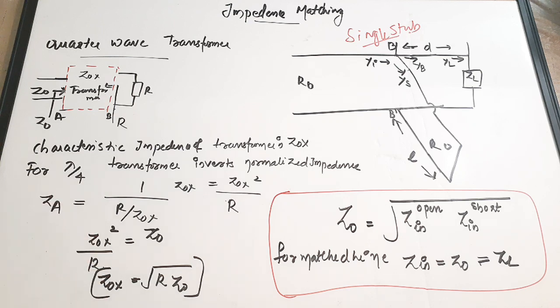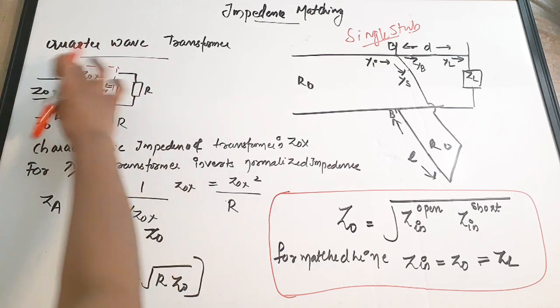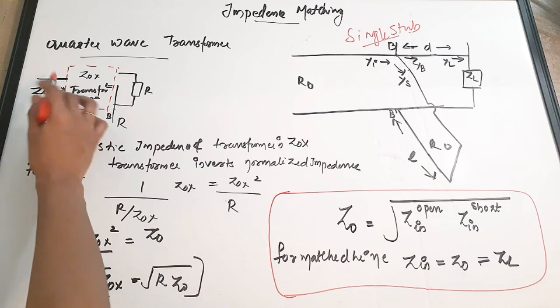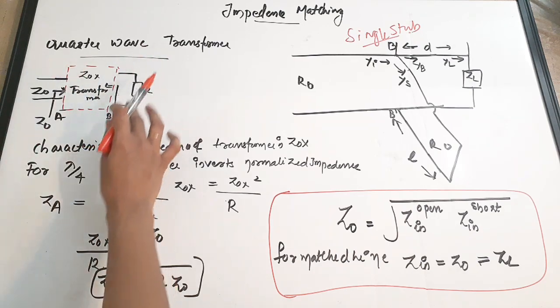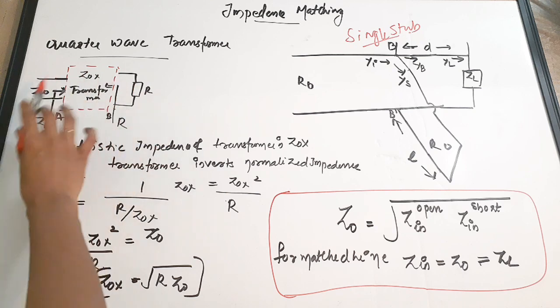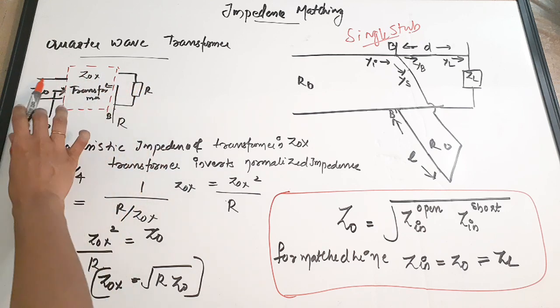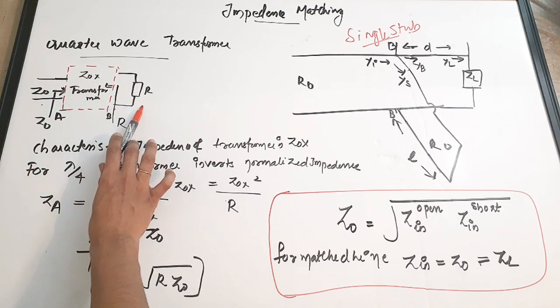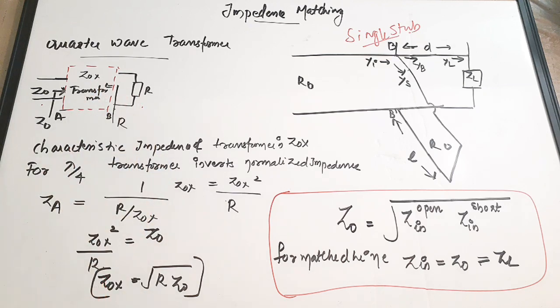So what is the quarter wave transformer type of impedance matching technique? This technique is generally used for matching the resistive load of a transmission line, or matching two resistive loads, one on each side. It can also be used to match the unequal characteristic impedances of two transmission lines.